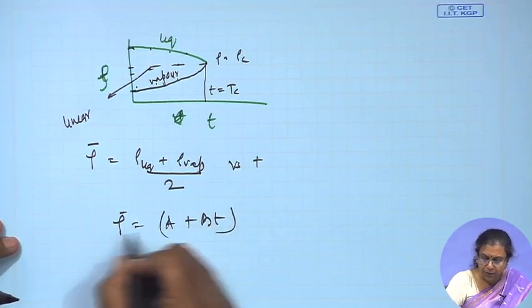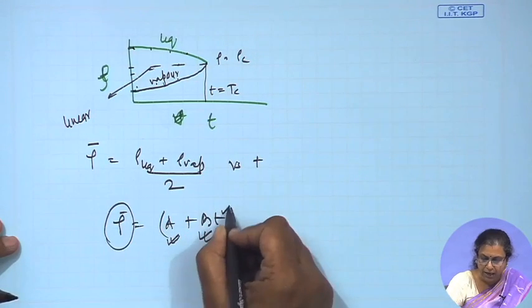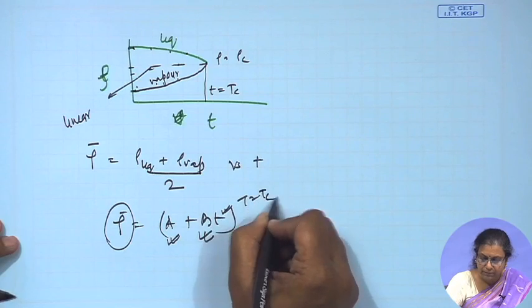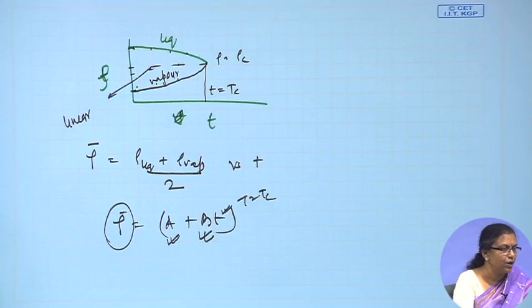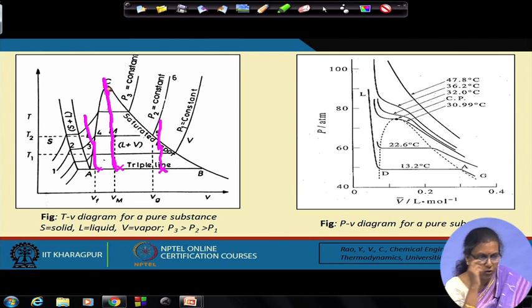So, from here you can find out A and B, and then you can find out rho bar at T equals Tc.